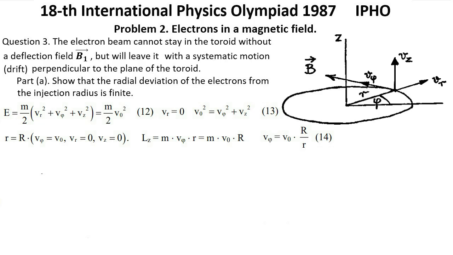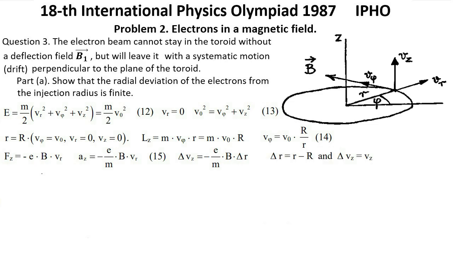v_z will be determined from the equation of motion in the z direction. The z component of the Lorentz force is F_z equal negative e B v_R. Thus the acceleration in the z direction is a_z equal expression 15. That means, since B is assumed to be constant, a change of v_z is related to a change of r as follows: Δv_z equal negative e over m times B Δr.